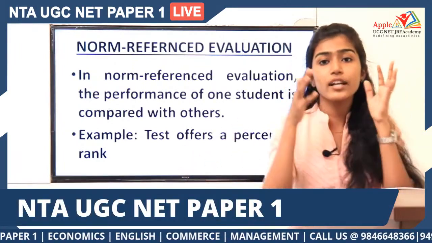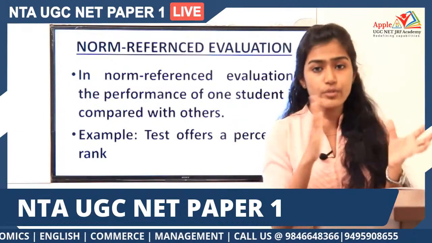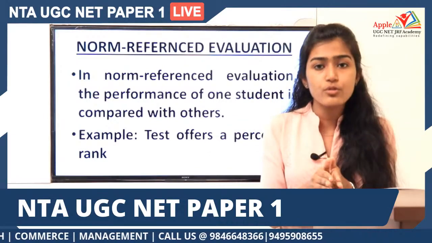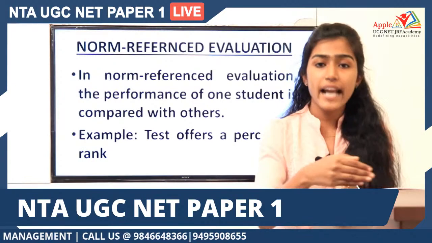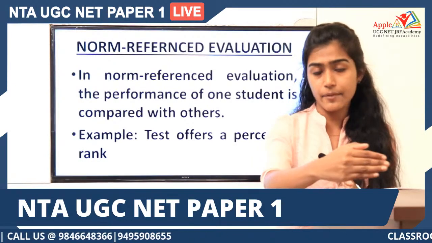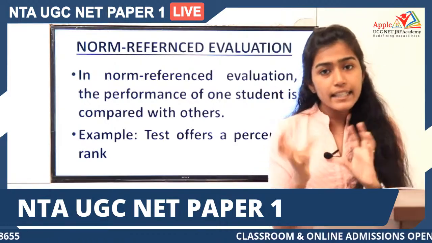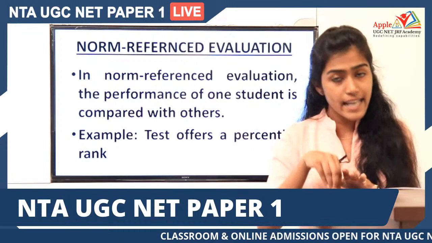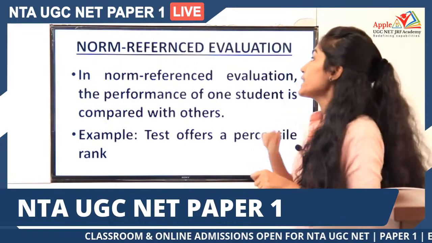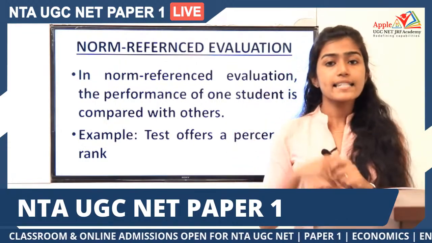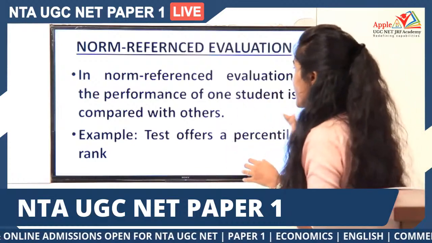So in that case, you are comparing the performance of different students. You are comparing a student with other students. ഒരു ക്ലാസ് റൂമിൽ നമ്മൾ റാങ്ക്സ് ഇടുക, ഫസ്റ്റ് പ്ലേസ്, ഫസ്റ്റ് റാങ്ക്, സെക്കൻഡ് റാങ്ക്, തേർഡ് റാങ്ക്. In that case also, you are comparing the performance of different students in the same class. In that case, the evaluation can be called as norm-referenced evaluation.